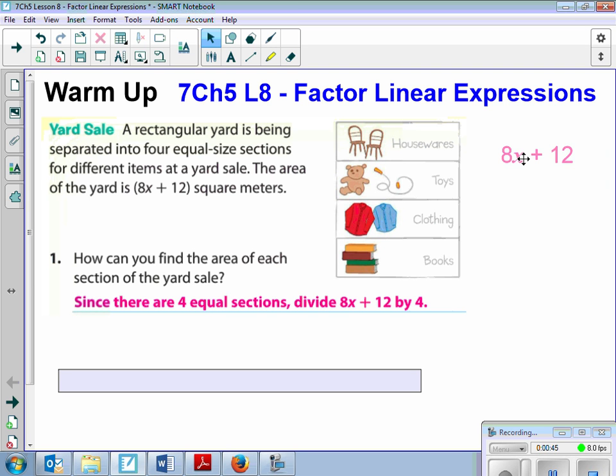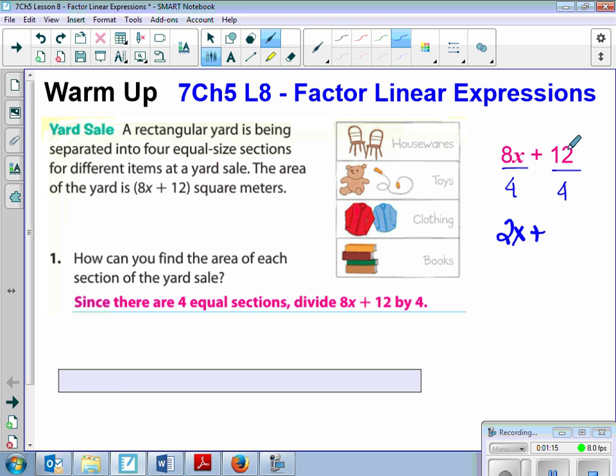If we have the 8x plus 12, and we divide that by 4, you're going to divide each term by 4. Okay? So when you simplify that, 8x divided by 4 is 2x. Very good. Plus 12 divided by 4 is 3.